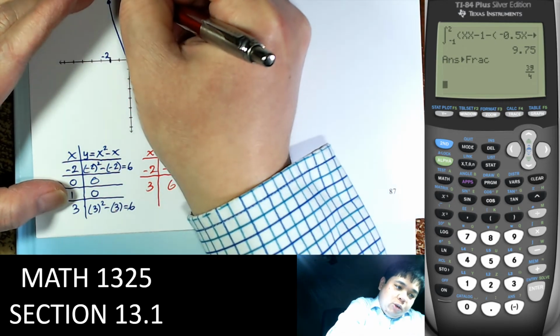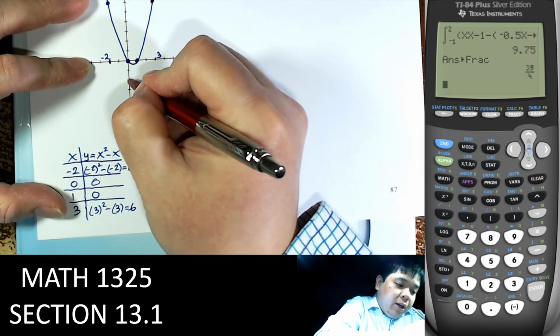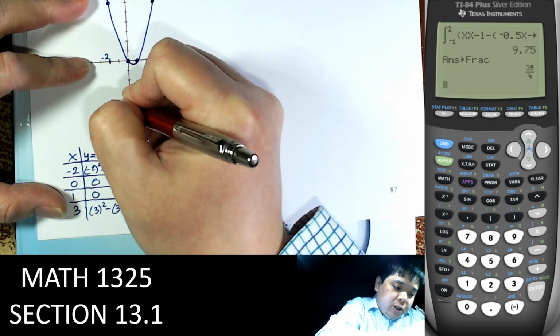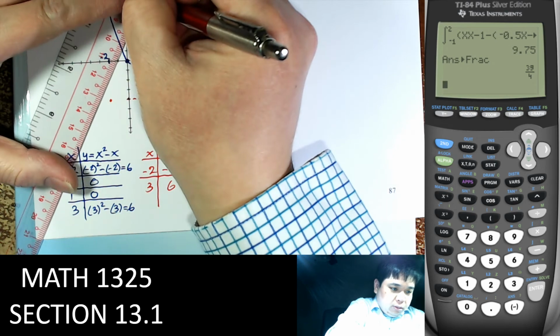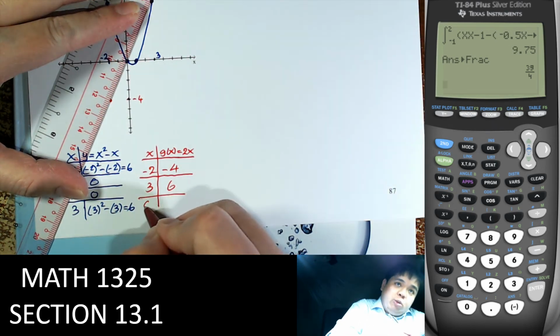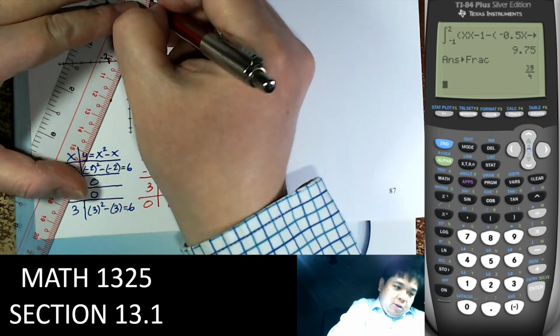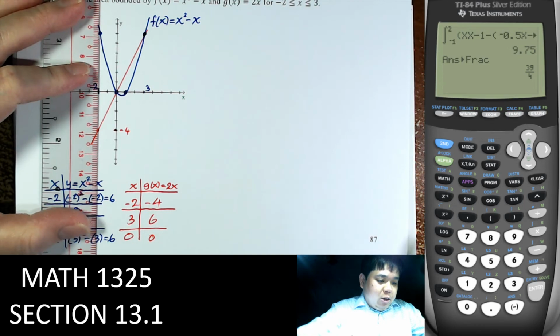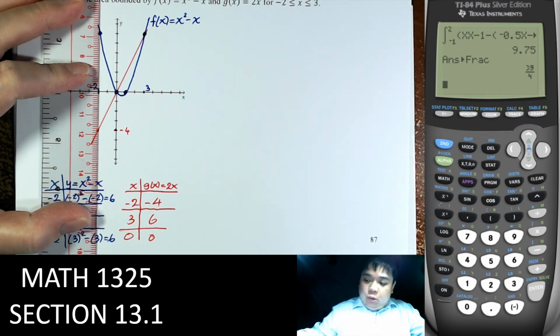So we go to that point too. This is -4. And it goes to 0, 0, which we can confirm. And so we want the area from -2 to 3.